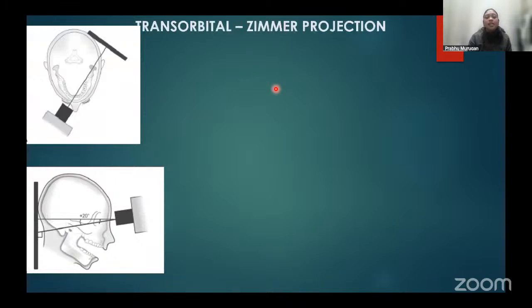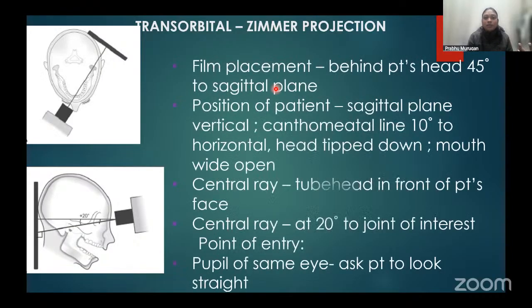Okay. The last one is your transorbital, also called the Zimmer projection. Transorbital means it has to pass through the eye. The central beam of the X-ray will pass through the orbit of the eye and then hit the film. Obviously, whenever it is passing through the eye, it can sometimes cause fear in the patient, right? Because of that, this transorbital was not used in later ages.